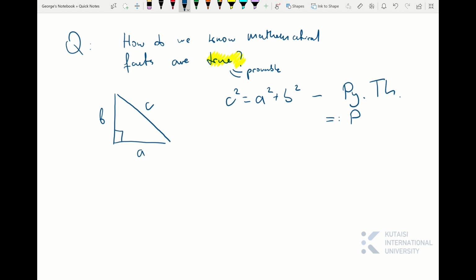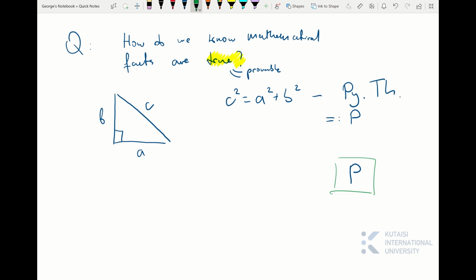We will make this distinction later, not very precisely. So let's say true means provable for us. We will see that these two things are different. So P is provable, you're saying, where P is our Pythagoras' theorem.